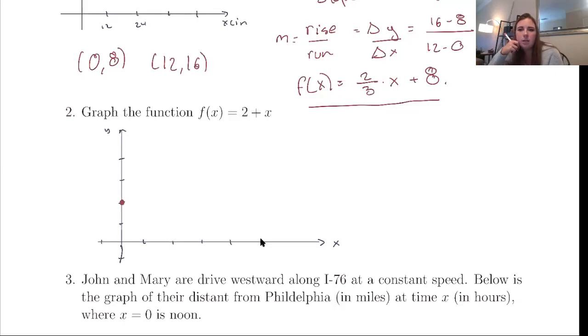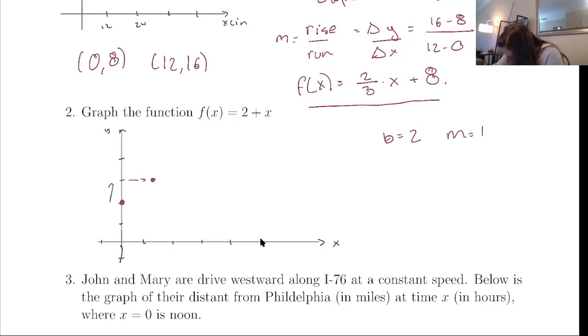So what's m in this situation? I found that b equaled, not 8, what am I doing? 2. But what's m? It's 1, right? Good job. So that means for every unit that I rise, I run over 1 and vice versa. So for my next point, I'm going to go up 1 and then go over 1.